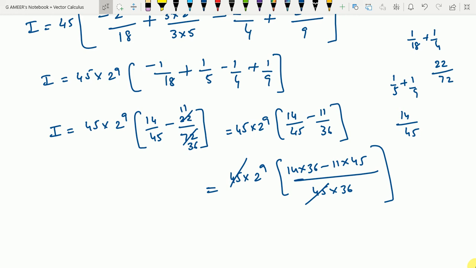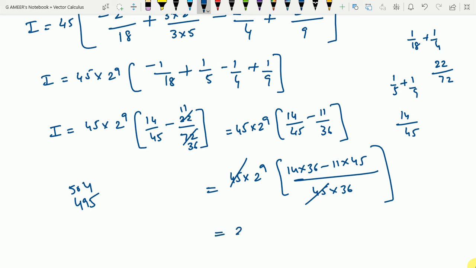So for that purpose, what is 14 into 36? 14 into 36 is 504. Next, 11 into 45 is 495. So whenever I subtract 504 minus 495, I'll have 9.